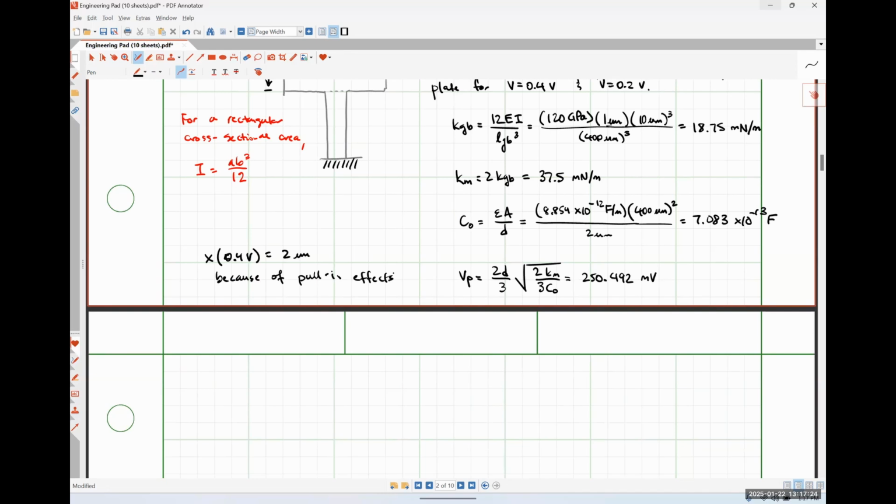Obviously 0.2 volts is less than our pull-in voltage, so we should not experience pull-in effects at that point. So we'll need to do a little bit of math, right?